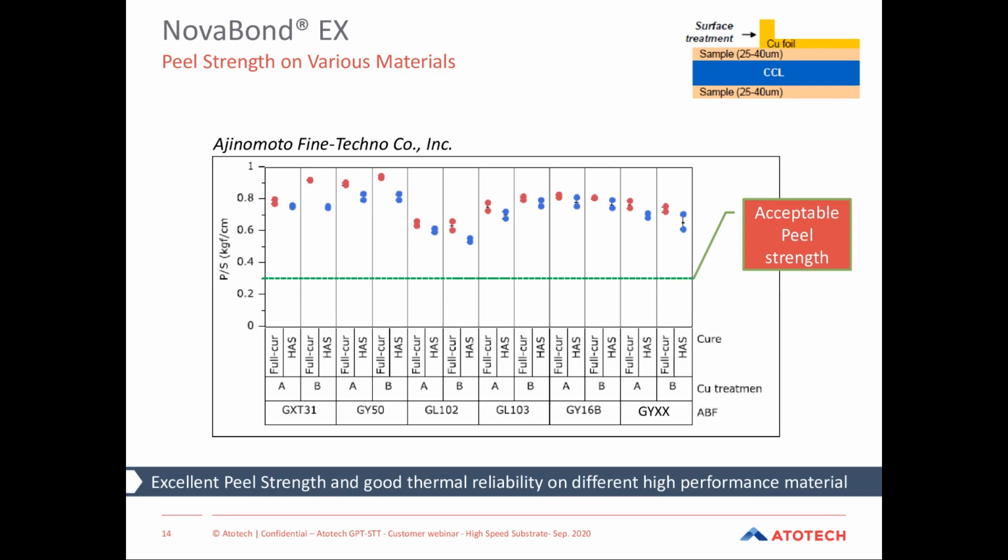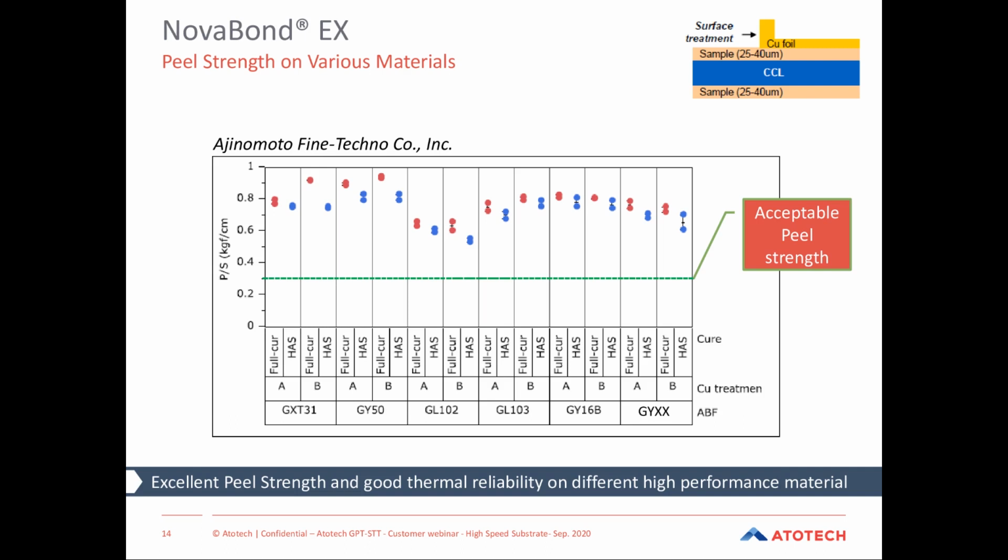As you can see here, Novabond EX has been tested on different kinds of materials for IC substrates nowadays, and also for future applications. Some of them you are really familiar with, and some not, because they are still in the development stage for future lamination materials for IC substrates.